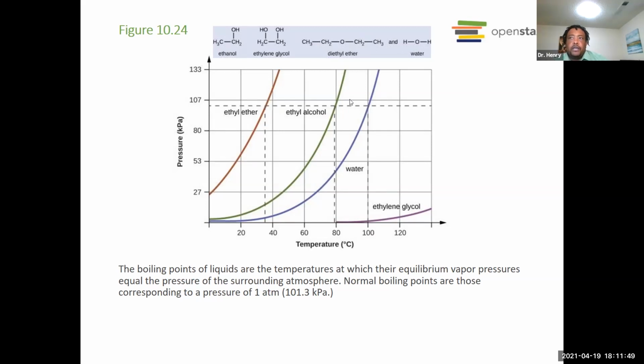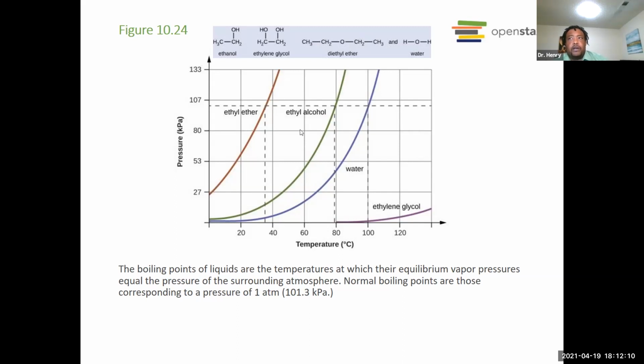You can see that for the diethyl ether, as your temperature increases, your vapor pressure increases, and it increases pretty drastically, right? At these really low temperatures, you're getting a lot more vapor pressure being generated.